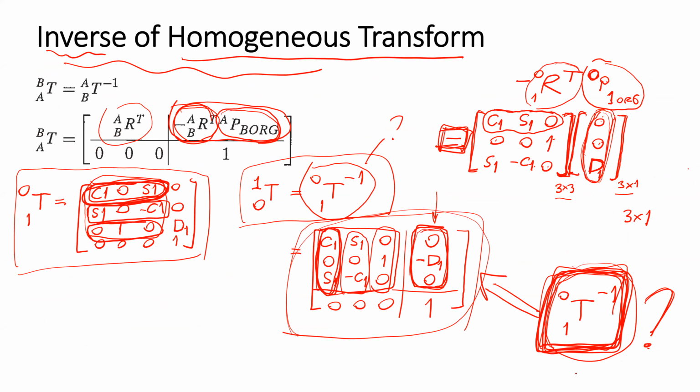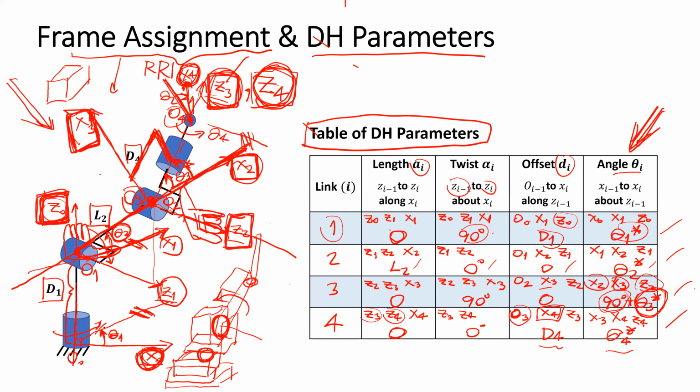So if we look at this robot from the top view, we're going to see x0 and y0, and this robot deviates from x0 by theta 1.